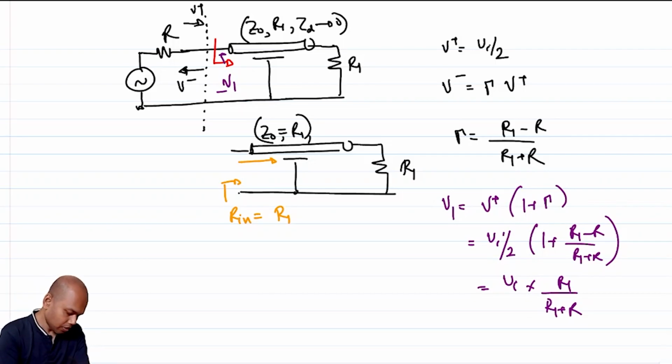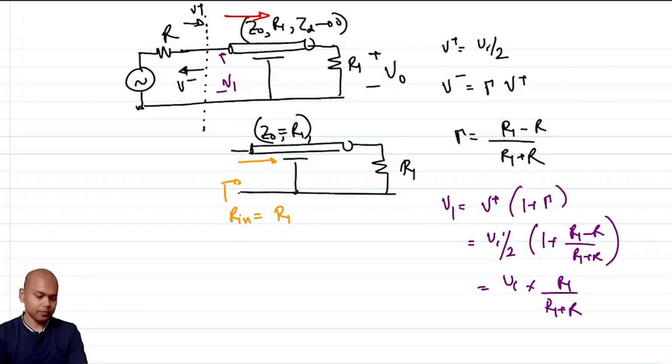So now I want to find out the output voltage. What is the output voltage? This is essentially the output voltage. So now note that because this guy is matched, whatever voltage waveform that flows in this way doesn't come back, right?